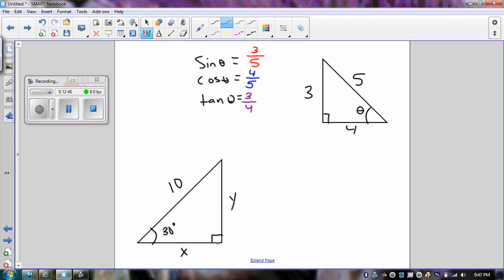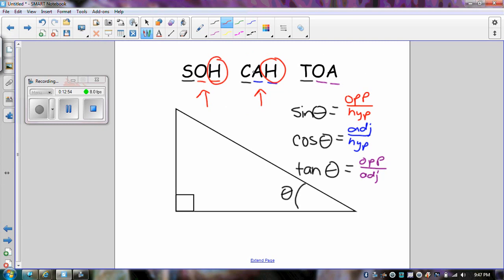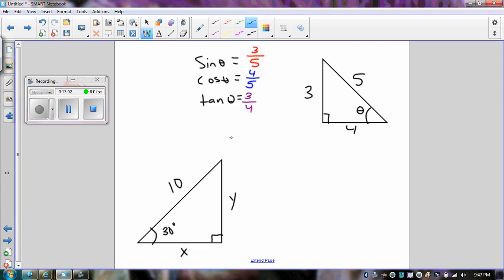Since the x side is touching the angle, but it's not the hypotenuse, that tells me it must be adjacent. So I know hypotenuse, and I'm solving for the adjacent side, and that tells me I'm going to be using cosine.